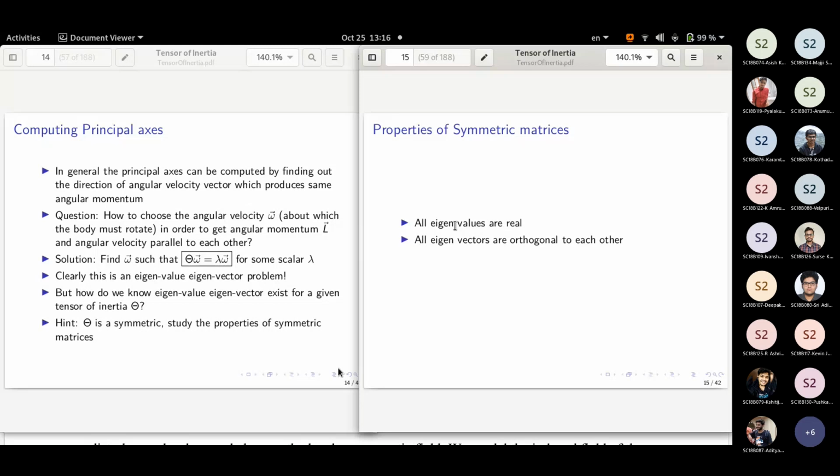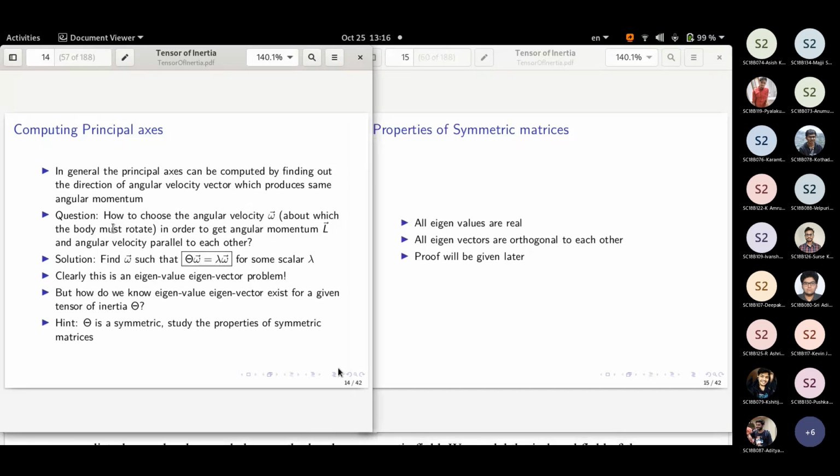We need them to be orthogonal to each other. Only then can we choose them as a coordinate system of axes and do rotations. Fortunately, for symmetric matrices, the eigenvectors turn out to be orthogonal to each other. So let us assume this for a moment and see the consequence before we go to the proof.